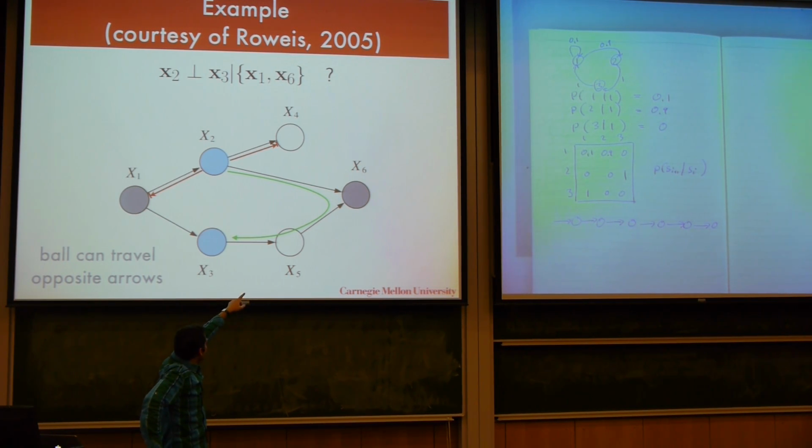So now, since it's an unobserved variable in a chain, I can just move up, and bingo, I get x3. So this is why things now are dependent. I could make things conditionally independent of each other, for instance, if I were to observe x5 rather than x6.